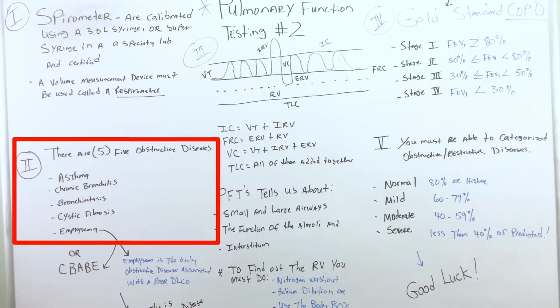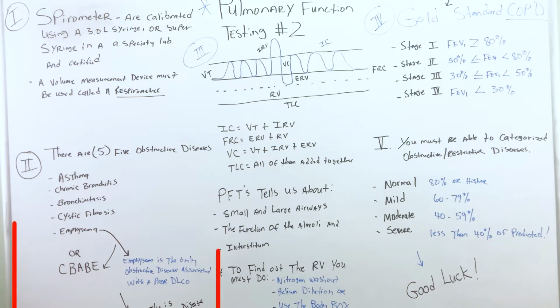Now, as far as obstructive diseases are concerned, there are 5 obstructive diseases: asthma, chronic bronchitis, bronchiectasis, cystic fibrosis, emphysema. And when we talk about emphysema, I want you to understand that emphysema is the only obstructive disease associated with a poor DLCO, which is a diffusion problem.